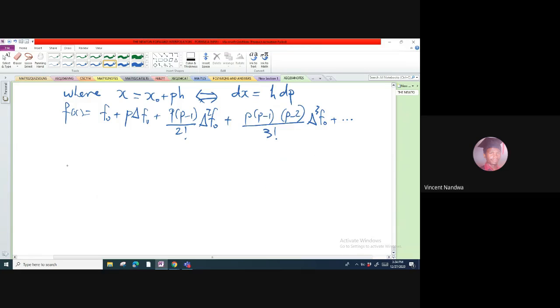So therefore now, replacing dx by h dp, we have the integral as h times the integral from x naught to xn of f naught plus p, plus p minus 1.